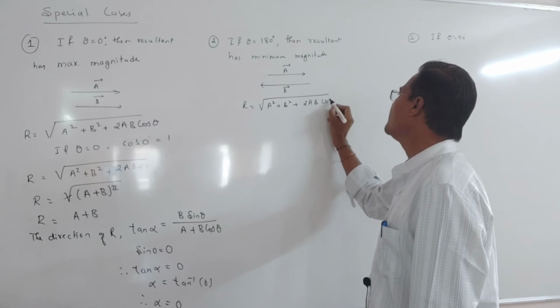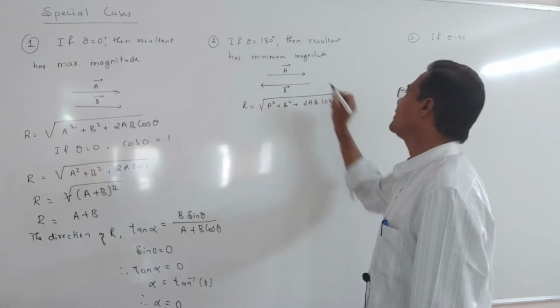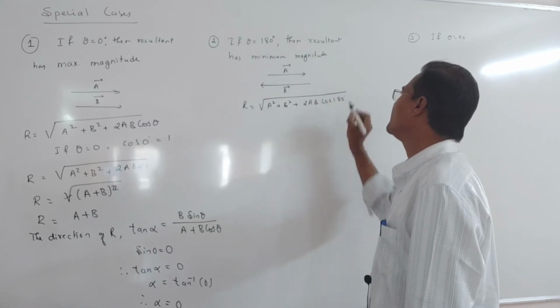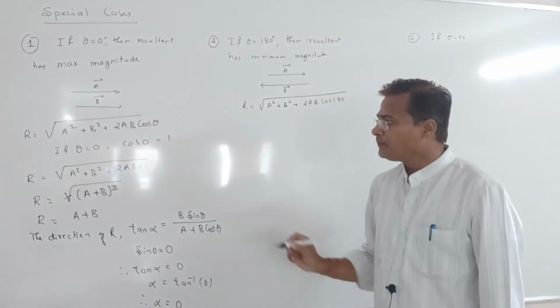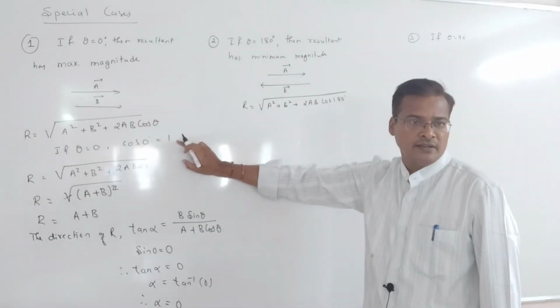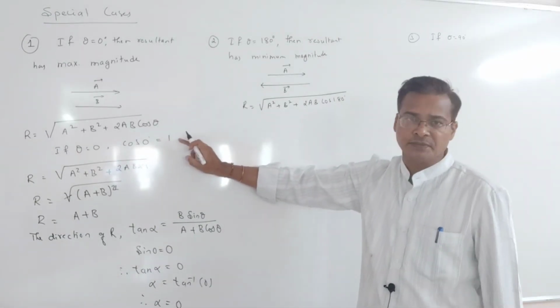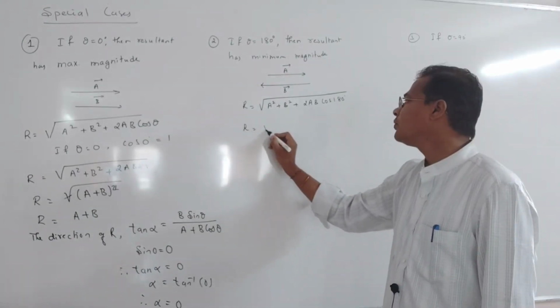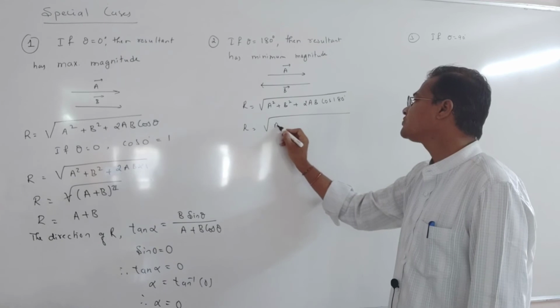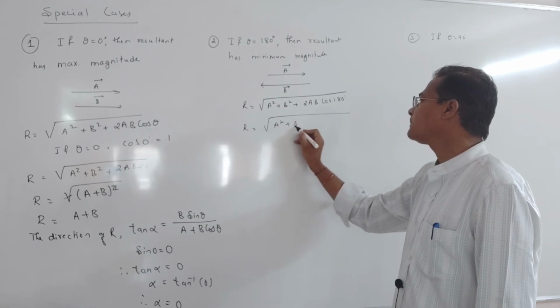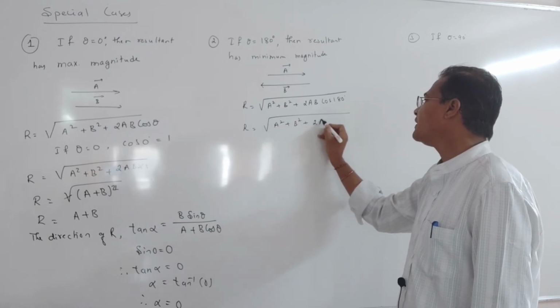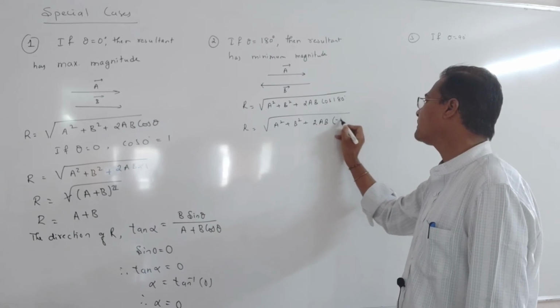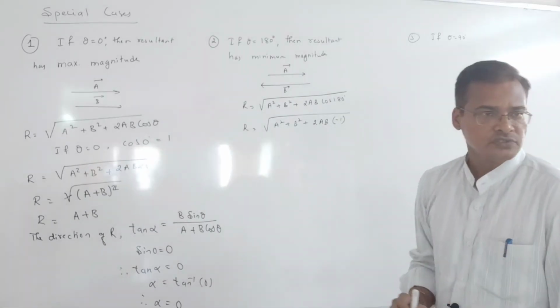Cos 180: we have to substitute cos 180. Cos 0 is 1, and cos 180, in the second quadrant, is minus 1. So therefore r equal to square root of a square plus b square plus 2ab in bracket minus 1. Followed?